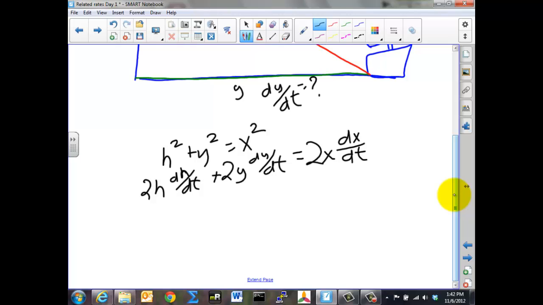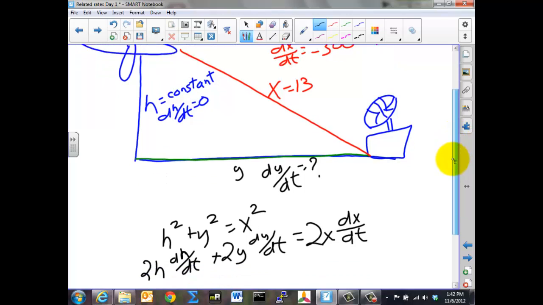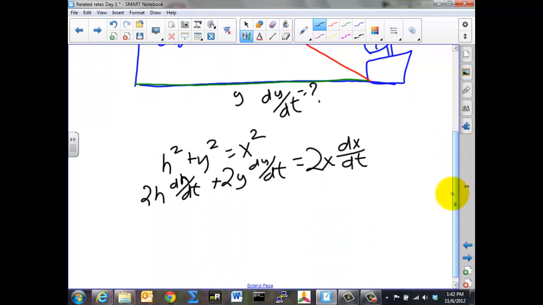Well, what do you want to do now? Let's plug in some numbers. First of all, anybody have a problem with me throwing away all the 2's? If I divide everything by 2, they're going away. To me, that just cleans things up.